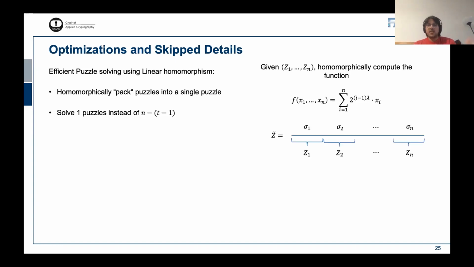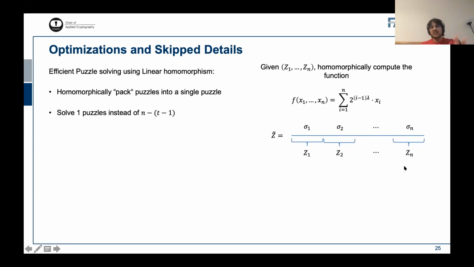I'll show you pictorially what happens when these xi values are signature shares. When you do this homomorphic packing, you get a single puzzle, z tilde. If you solve z tilde, you get sigma 1 concatenated with sigma 2 concatenated with sigma 3, and so on up to sigma n.